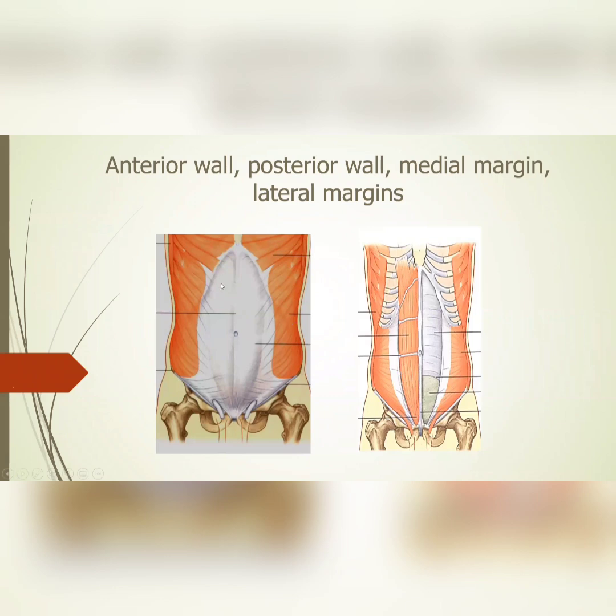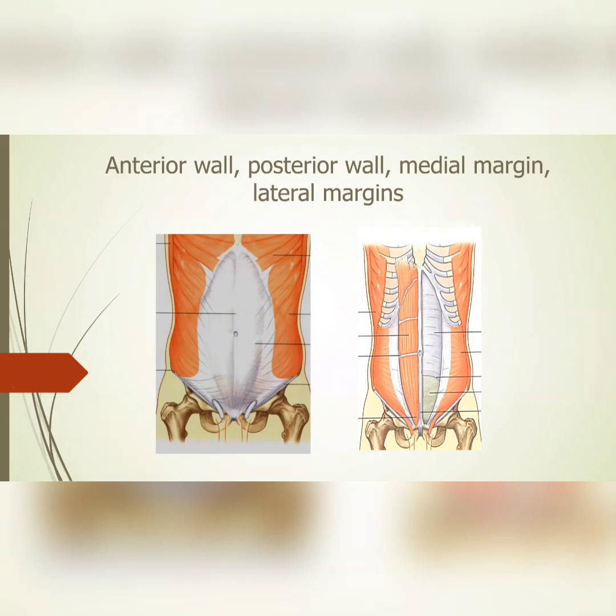The medial margin of the rectus sheath on one side will be in the midline. So what structure forms the medial margin of the rectus sheath on one side? Yes, what is the structure in the midline? Yes, the linea alba is what forms the medial margin.